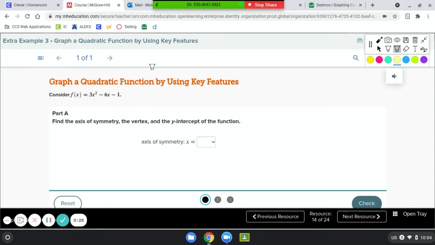We are going to put into our calculator the quadratic portion only, not the entire equation, just what comes after that, or where we see that x squared term.